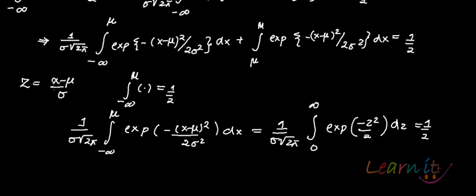So if you write minus infinity to 0 or you write 0 to infinity, that would mean the same, and that is the reason it has been written like this.